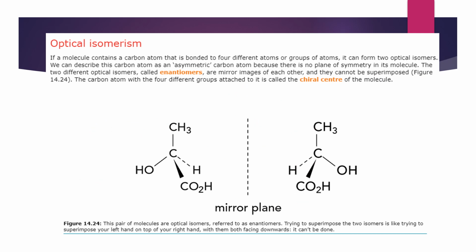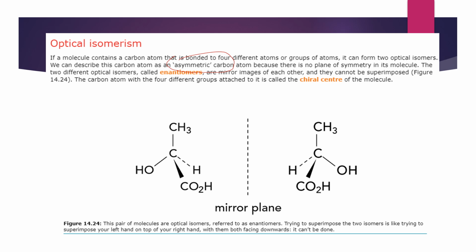Optical isomerism. If a molecule contains a carbon atom that is bonded to 4 different atoms or groups of atoms, it can form 2 optical isomers. We can describe this carbon atom as an asymmetric carbon atom because there is no plane of symmetry in its molecule.